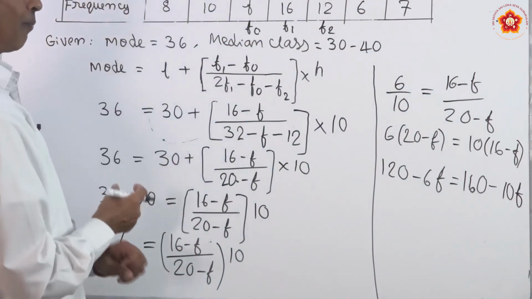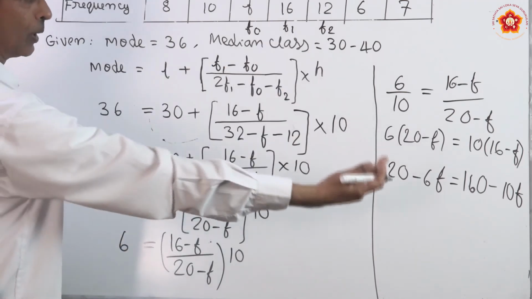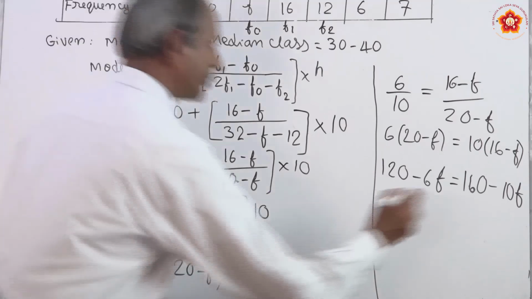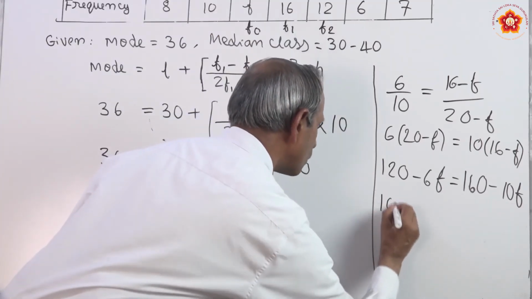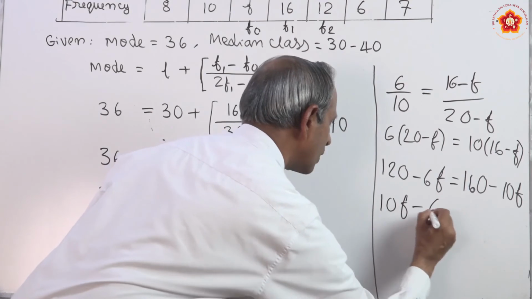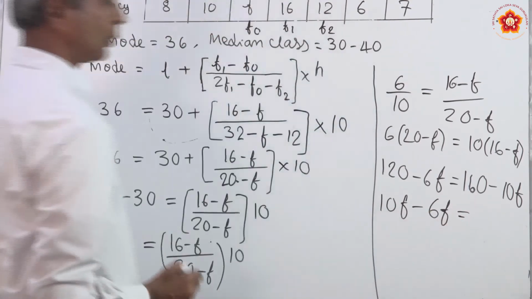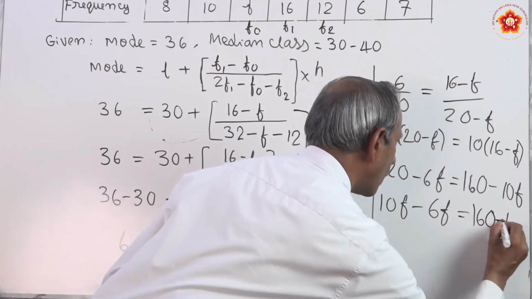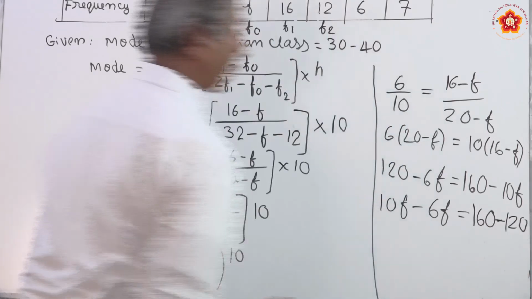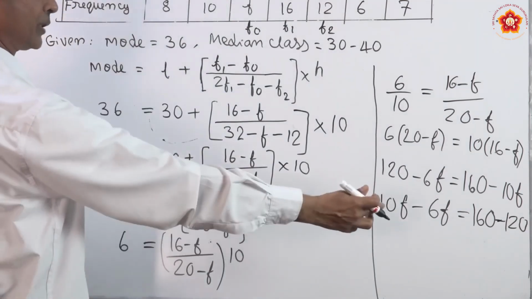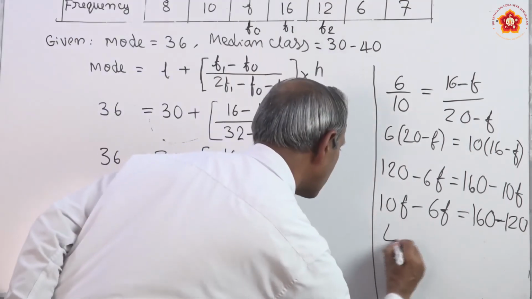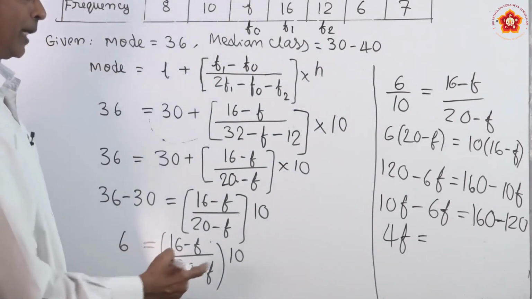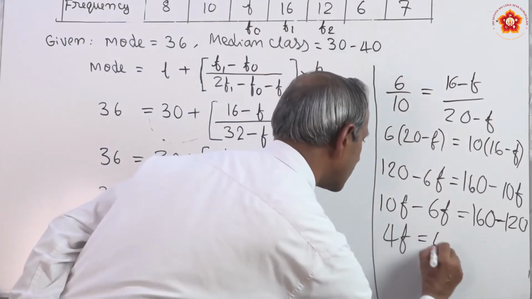Now bring all f one side and numbers another side. Now I will bring 10f towards the left side, then it becomes 10f minus 6f is equal to 160 minus 120. Now subtract 10f minus 6f, you will get 4f. 4f is equal to 160 minus 120 becomes 40.